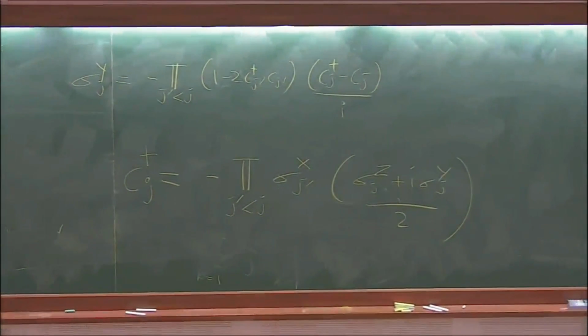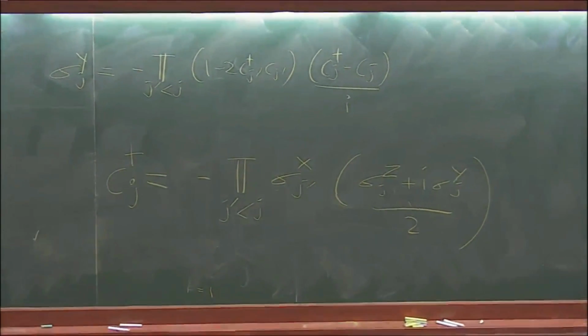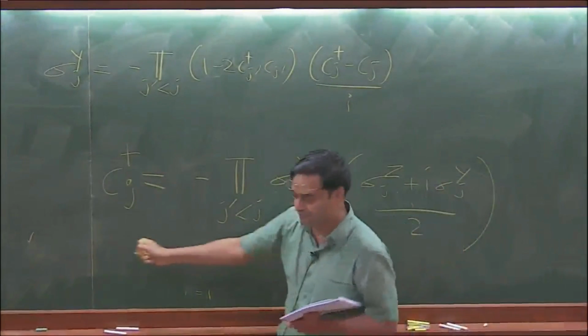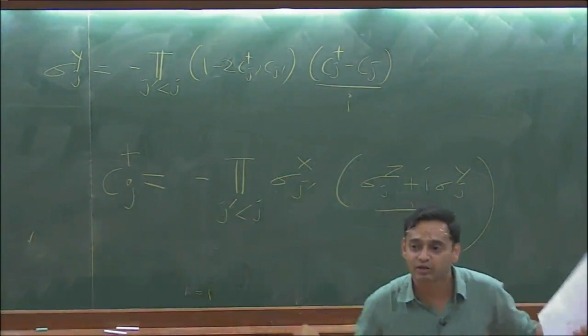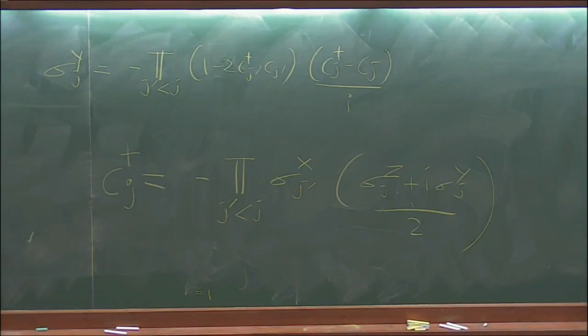A little bit of algebra which you should do, and you can then check that with this definition, all the C's and C daggers will obey the correct anti-commutation relations. That tells you in advance that yes, these are operators that do create fermions at these sites in the sense that we've already worked out.